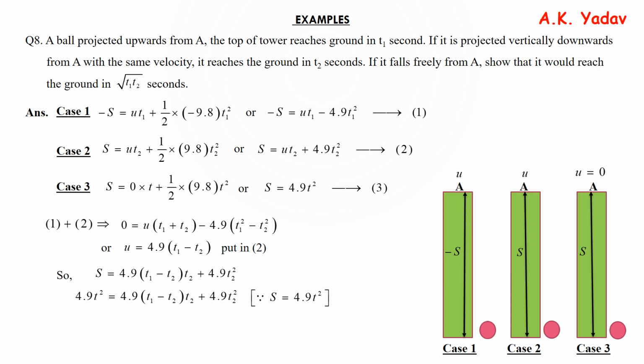So it is 4.9 t square is equal to 4.9(t1 minus t2) into t2 plus 4.9 t2 square. On solving, 4.9 cancels out. So t square is equal to t1 t2 minus t2 square plus t2 square. That is t is equal to under root of t1 t2, which is the thing which we have to prove.